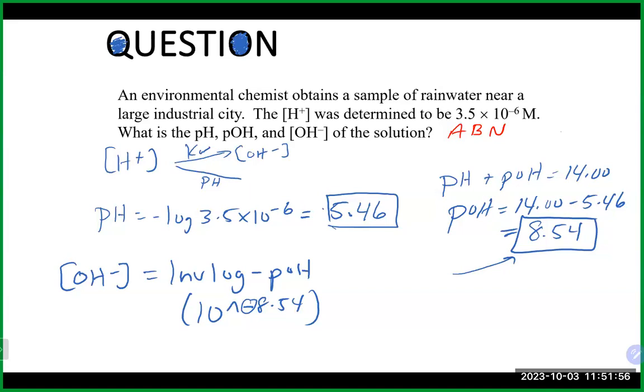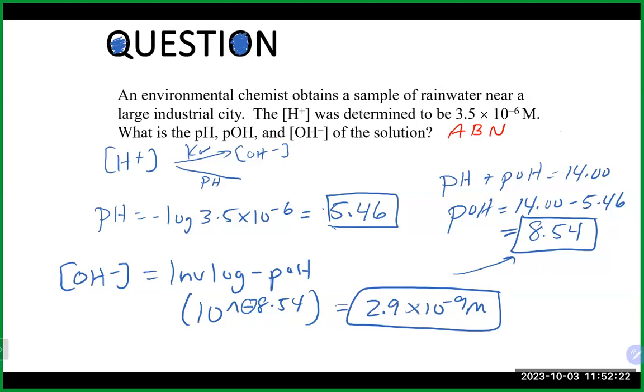And that will get us something like 2.9 times 10 to the minus 9 molar, or a bunch of threes at the end of your calculator. On my calculator, I had all zeros and a 3 before I put it in scientific notation. So if you had that, we will take 3 as well.